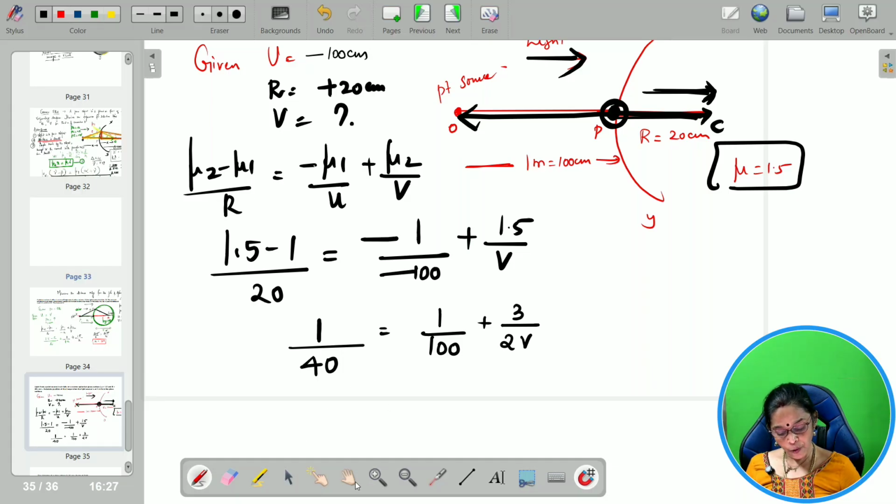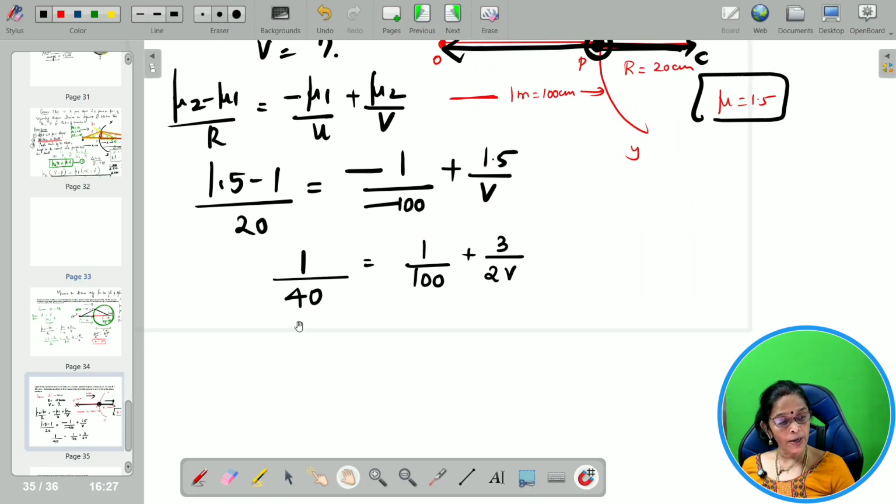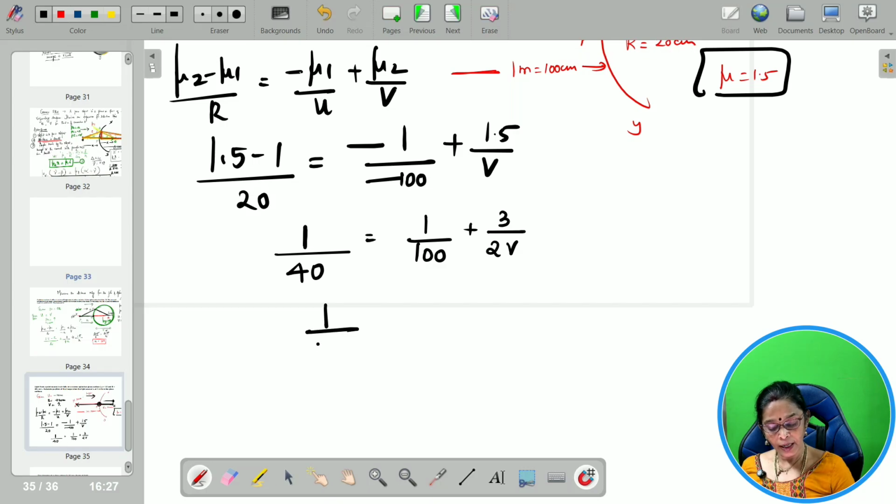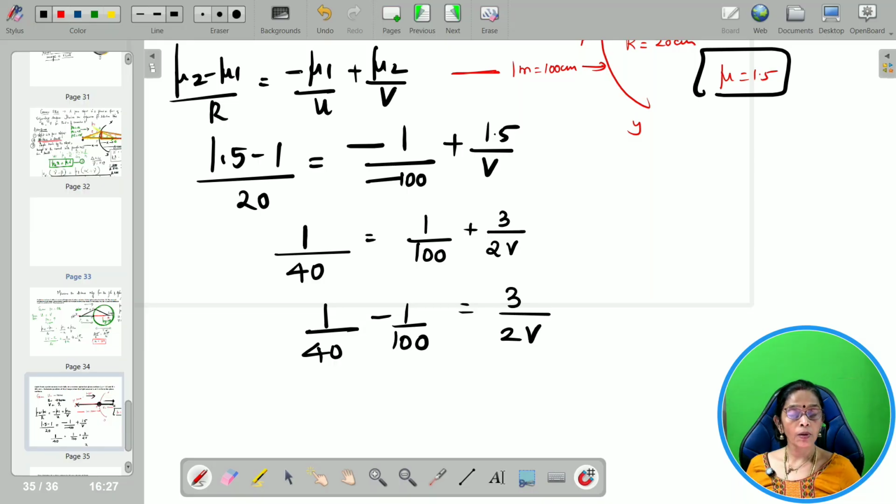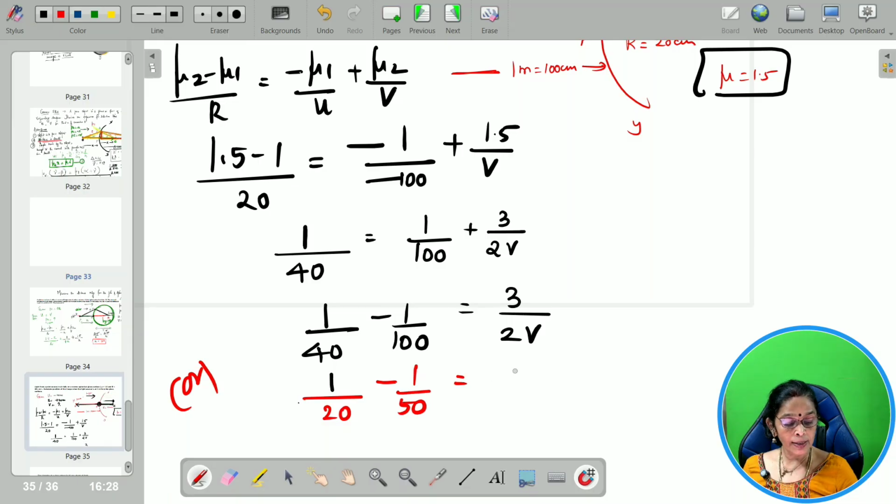Now 1 by 40 minus 1 by 100 is equal to 3 by 2v. You can cancel out the 2. So 1 by 20 minus 1 by 50 is equal to 3 by v.